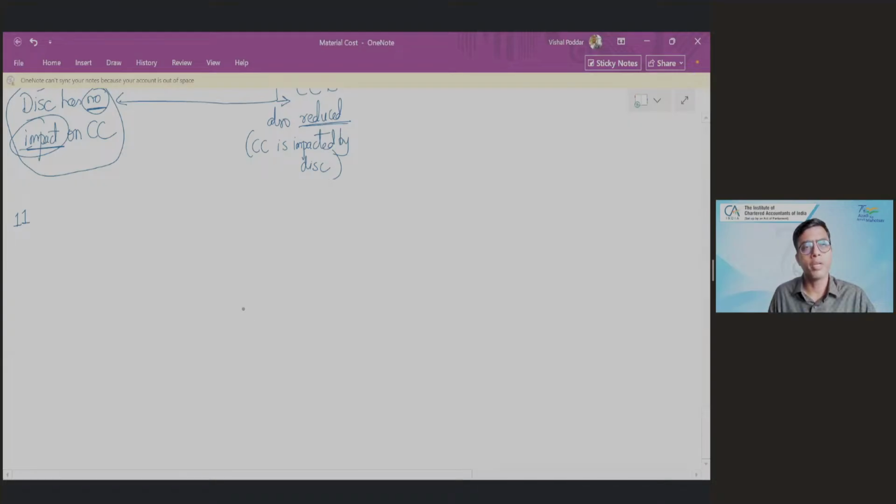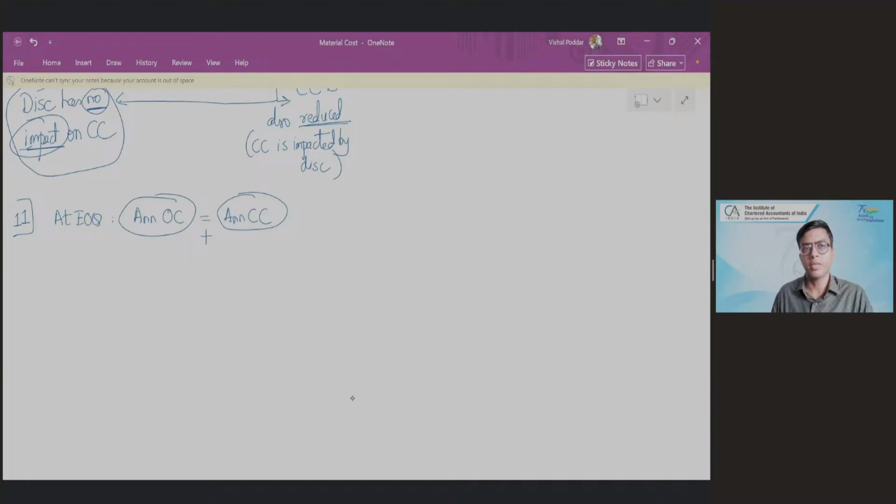Now, if company is already following EOQ, what will happen at EOQ? Annual ordering cost is equal to annual carrying cost. If you remember, this was our basis. Yes, Krishna, you are correct. So, this was our basis, the conceptual point from where we derived the EOQ formula. So, what is happening at EOQ? Ordering cost is equaling the carrying cost. Now, they have given us the total of these two.